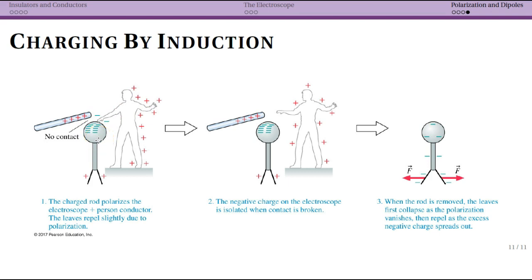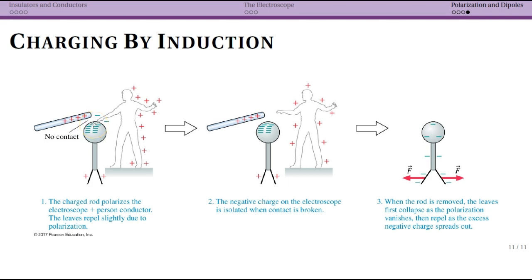There's a couple of ways to do this. There's really 3 objects here, and which one you bring in first doesn't quite matter. We have a person who's touching our electroscope, and so that whole system, the person and the electroscope, is going to be neutral. There's no net charge there, no excess charge. We then bring in an external charge, for instance, a glass rod with positive charges. We don't make contact, we just bring it close to the electroscope.